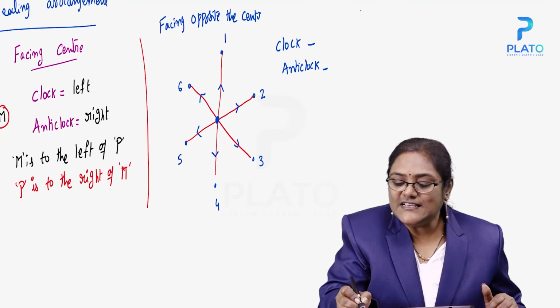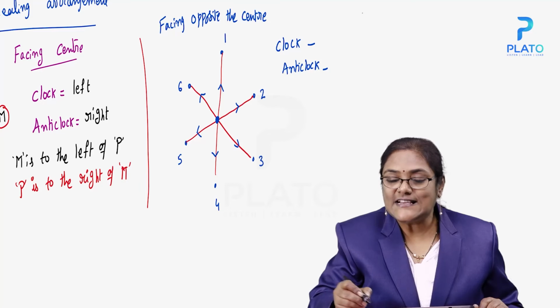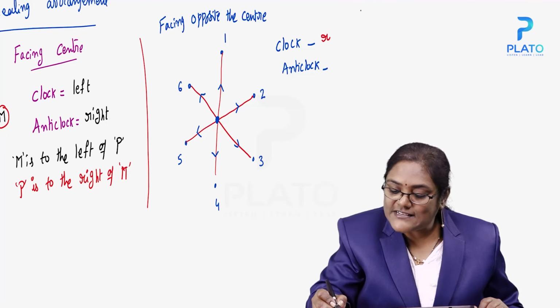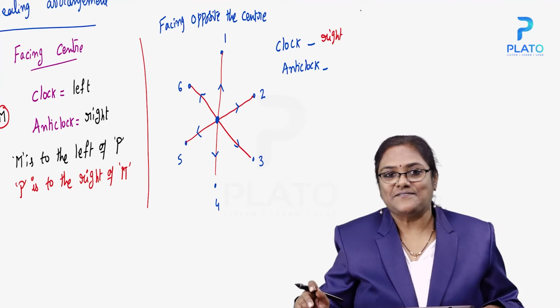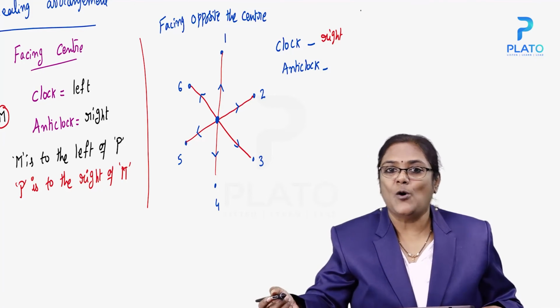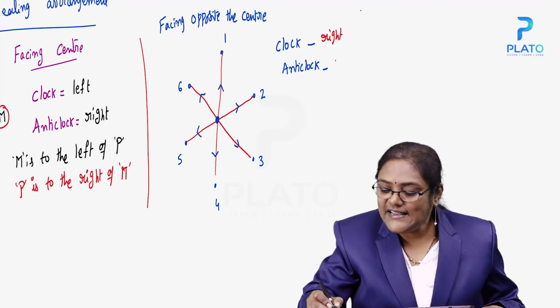Now, obviously, dear friends, the clockwise direction from any person will now be right, because they are facing opposite the center. So clockwise will be right, and anti-clockwise will be left.